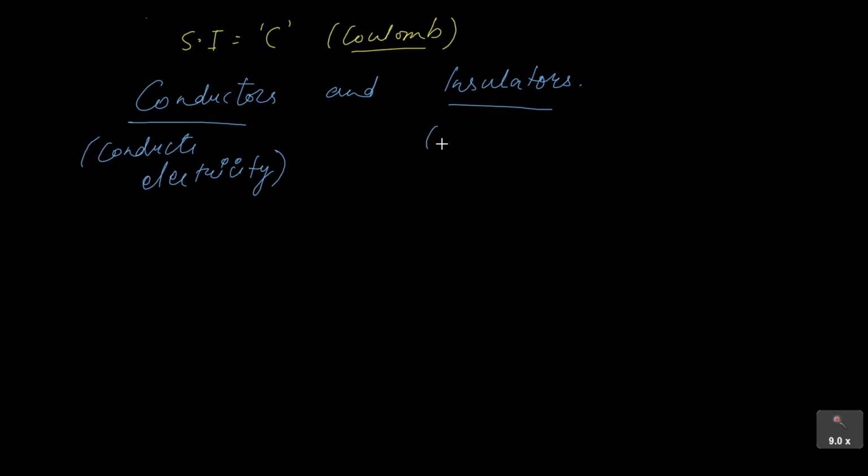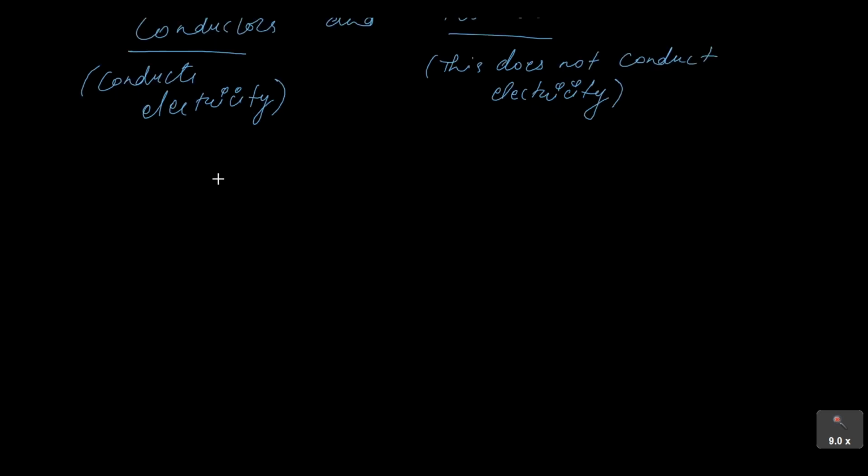On the other hand, rubber, plastic, etc. are called insulators because they do not conduct any electricity. If both are made up of atoms, why are they different in nature?